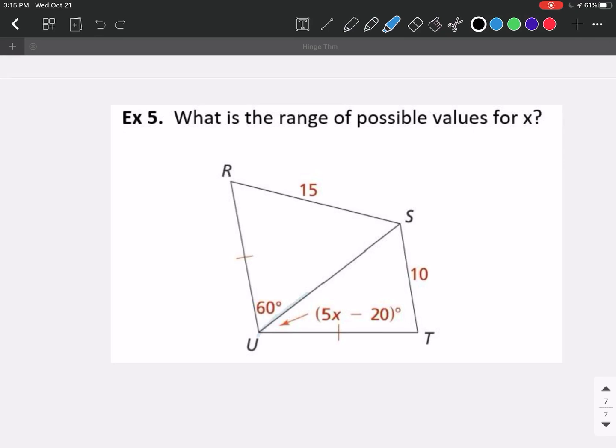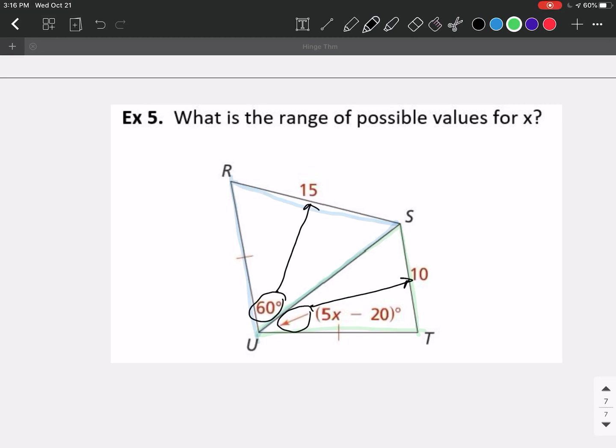So I have USR here, and then in blue we have STU. So I know that I have 60 here. 60 is opposite of 15. And then I don't know this angle measure, but it's opposite of 10.